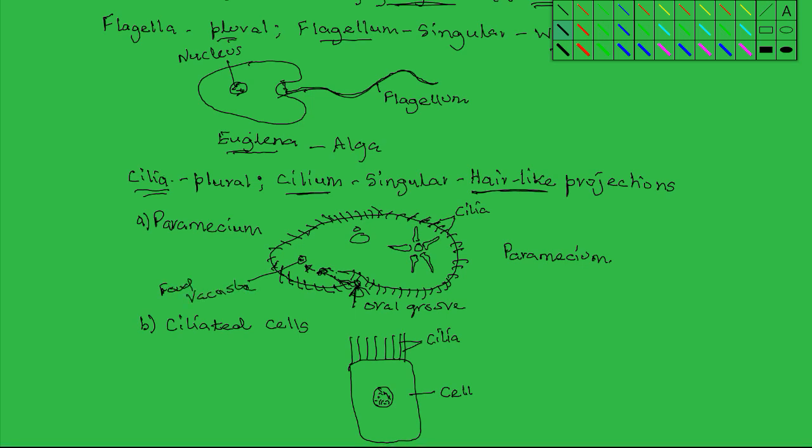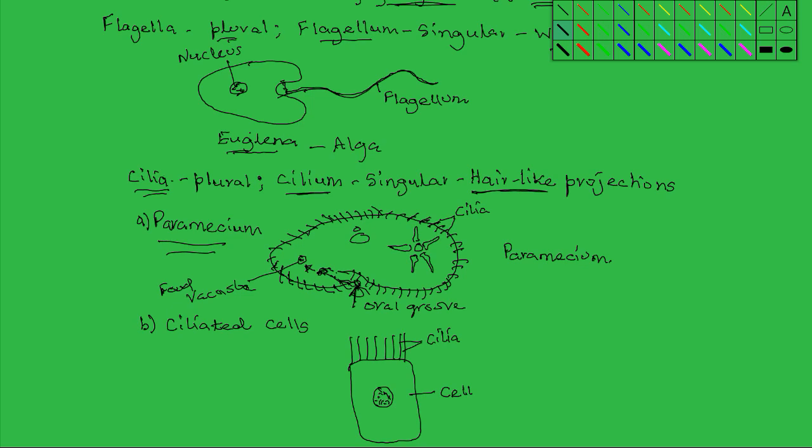So food vacuole is formed as a result of the beating by the cilia of food particles into the body of the Paramecium. So cilia here is used for feeding, that is in addition to enabling locomotion by these unicellular organisms, that is the Paramecium.